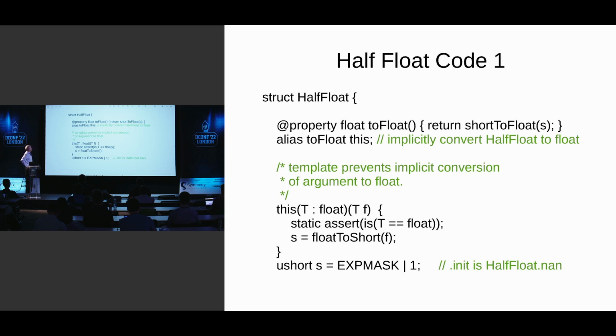Here's all we need, really. We need a short to float function. We need a float to short function. Here's our member, which is the storage, which is the exponent mask ORed with 1. And we statically initialize it to a nan. There's that old nan thing again.